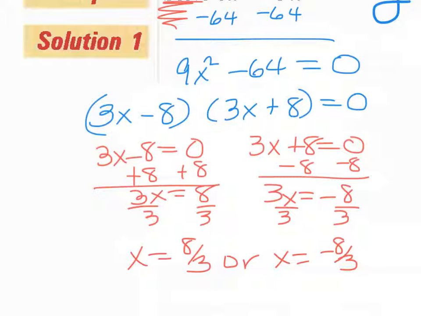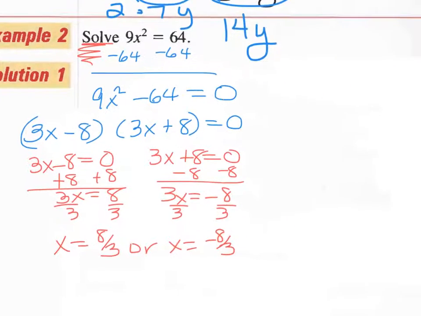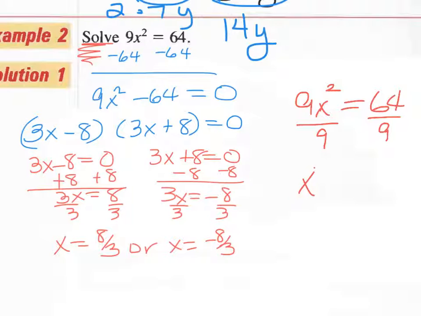The other way is to work with it how it was given. 9x squared equals 64. Divide by 9. x squared equals 64 over 9. To solve for a square, I need to square root both sides.